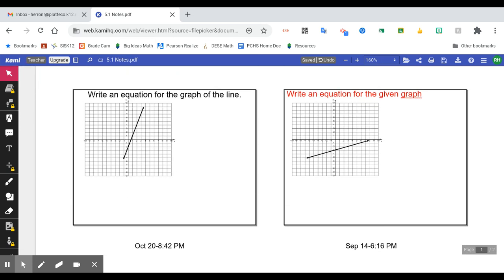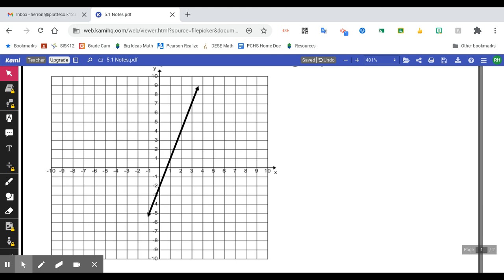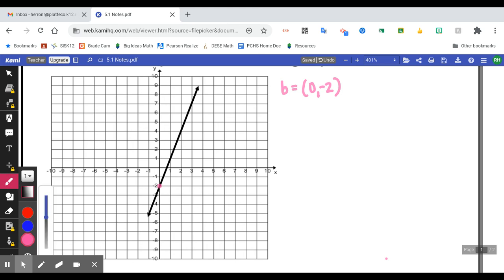So remember, you're looking to put points wherever it crosses the line. I'm going to make this just a little bit bigger so you guys can see it better. I know that on here, this is my y-intercept right here where it crosses the y-axis. That's -2. So my b equals 0, -2.